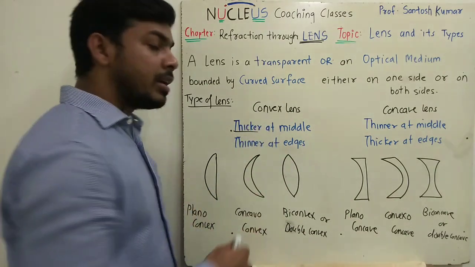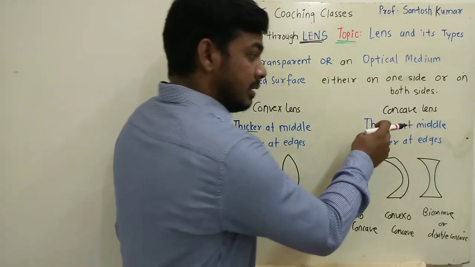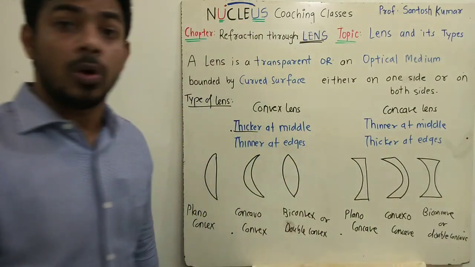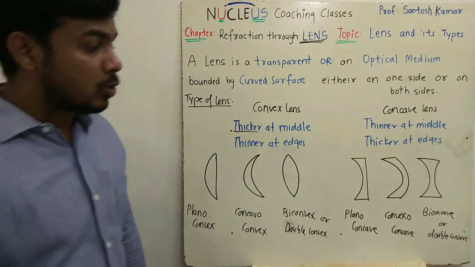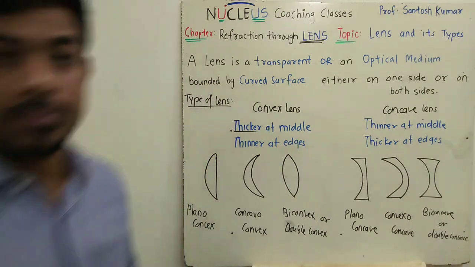Remember, the action of convex lens is to converge a beam of ray. If a lens is thinner at the middle and thicker at the edges, then definitely these lenses are concave lens, and these are further classified as plano concave, convexo concave, biconcave or double concave lens.